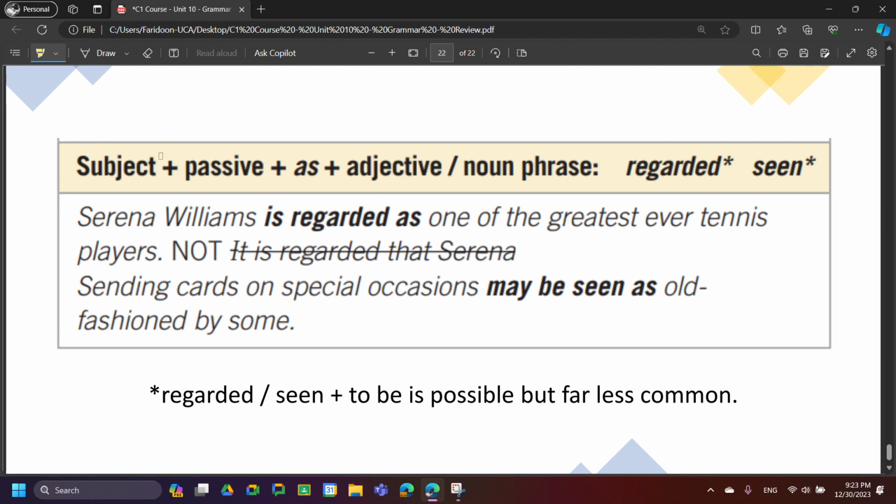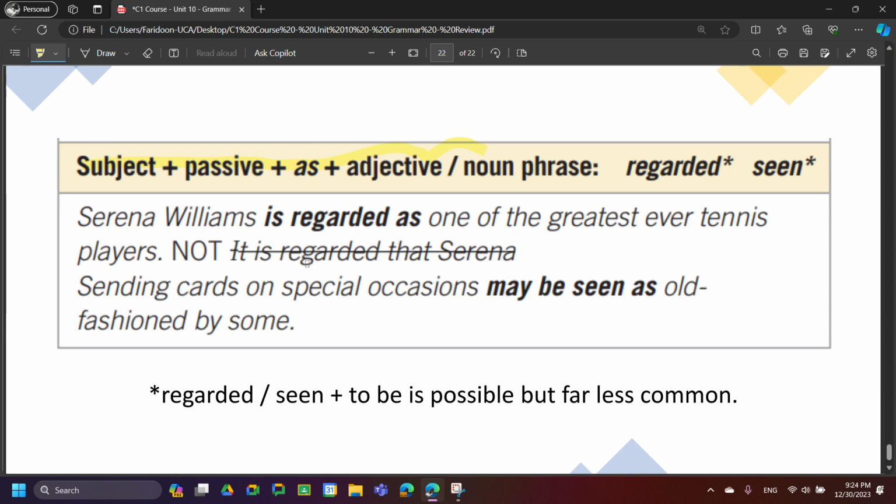Okay, and another structure as well: subject plus passive plus as plus adjective or a noun phrase. And we can use regarded and seen. Okay, Serena Williams is regarded as one of the greatest ever tennis players.